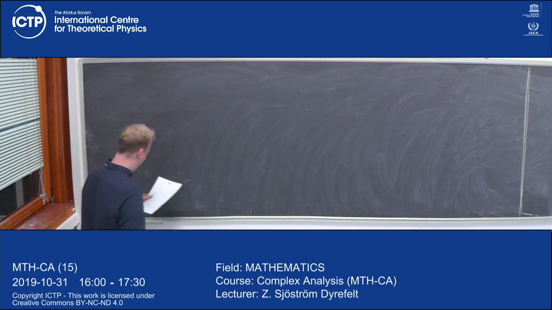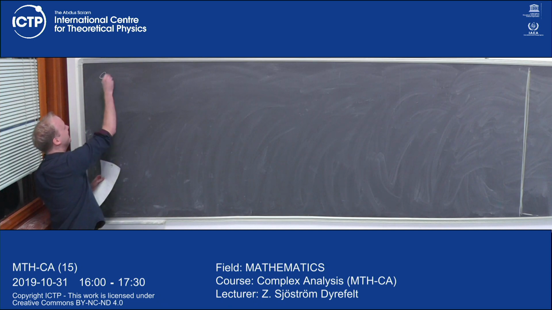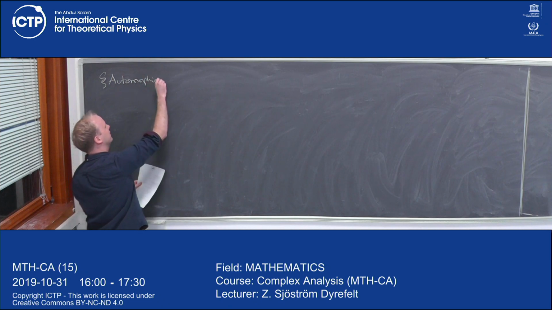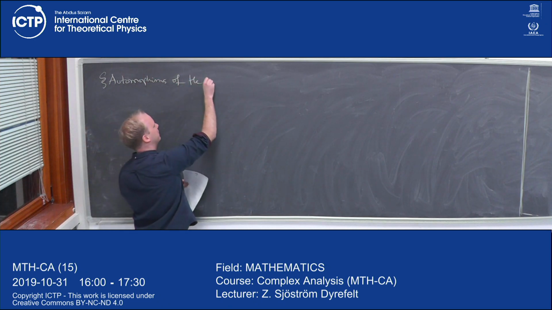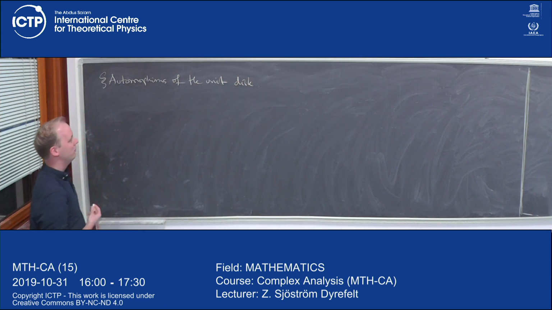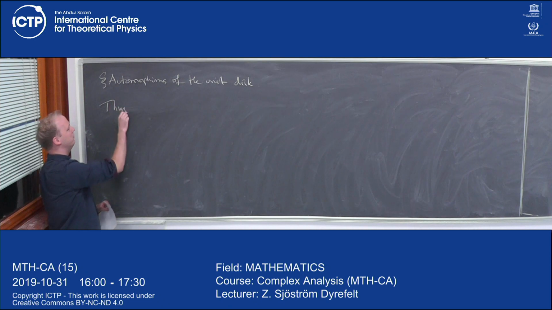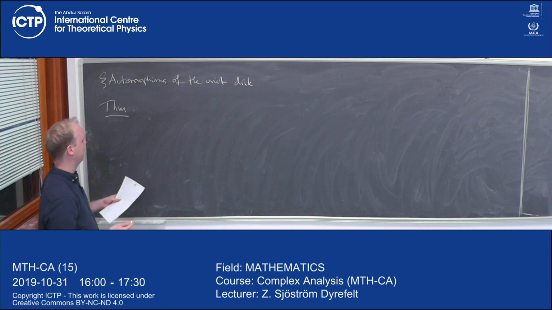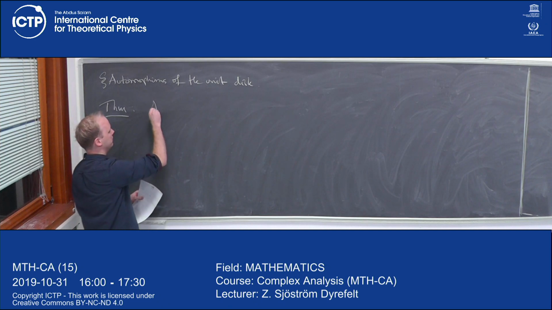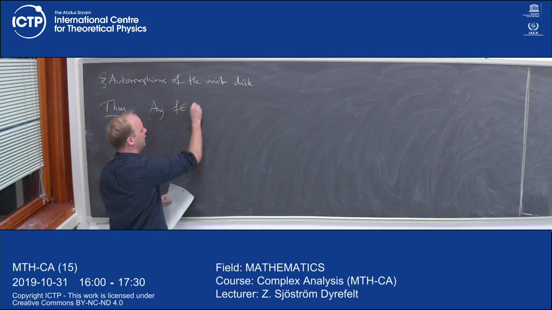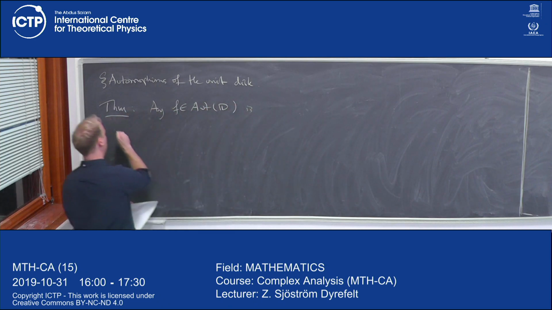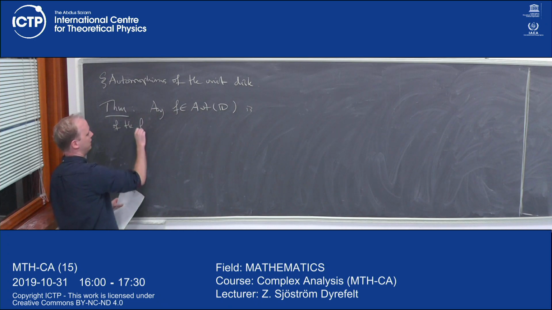So, let's start with the automorphisms of the unit disk. Let's finish this chapter. We had the following theorem: any f in the automorphism group of the unit disk is of the following form.